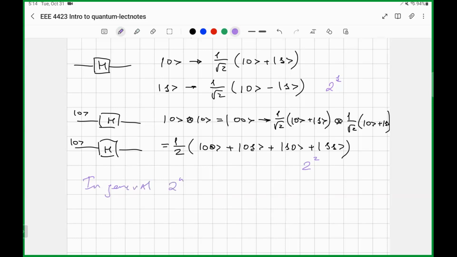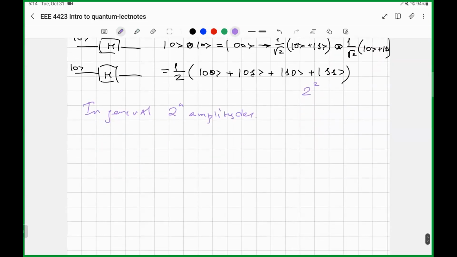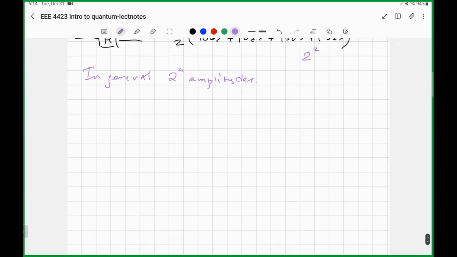If n, the number of qubits, is large enough, 30, 100, then this number is colossal. It's a huge number.